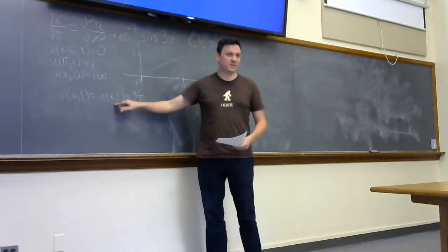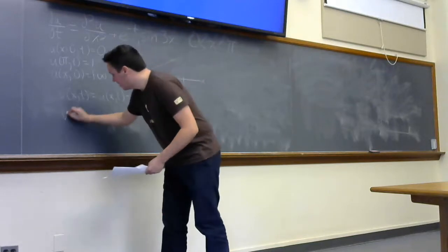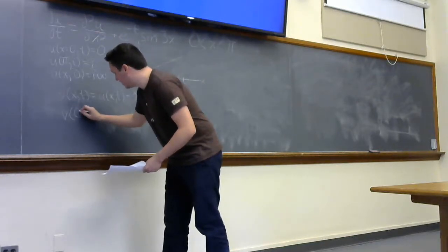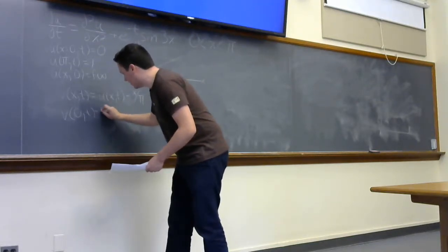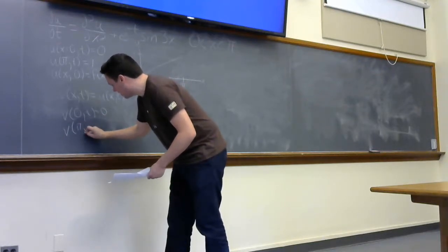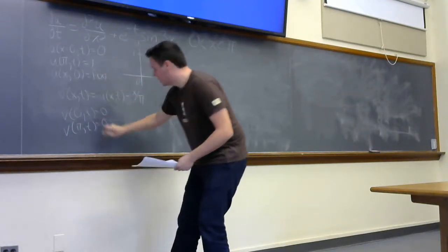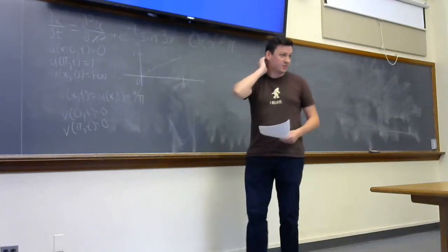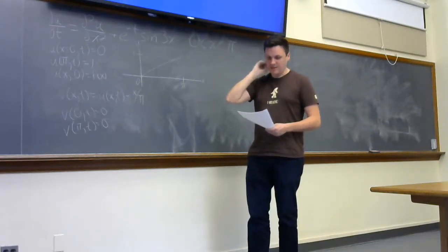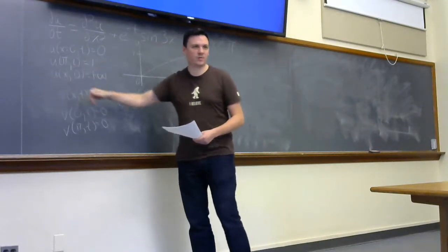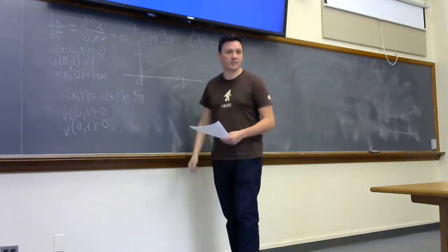Does that make sense? So now our boundary conditions are v at 0, t is equal to 0, and v at pi and t is equal to 0. So now we can just do this homogeneous solution, and then we shift it accordingly. We'll add that on.